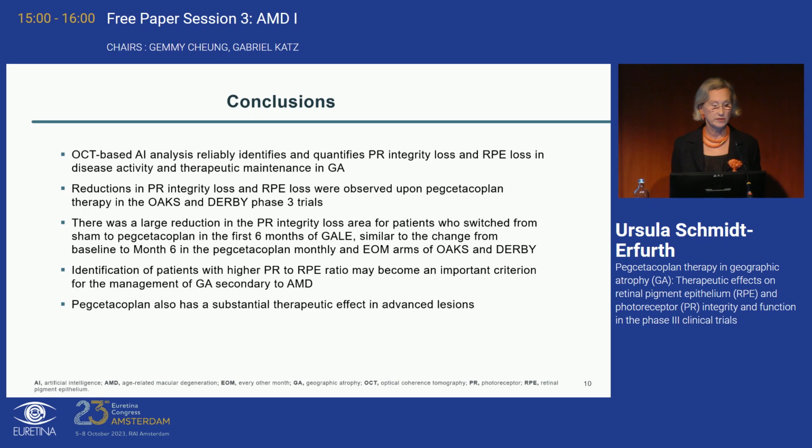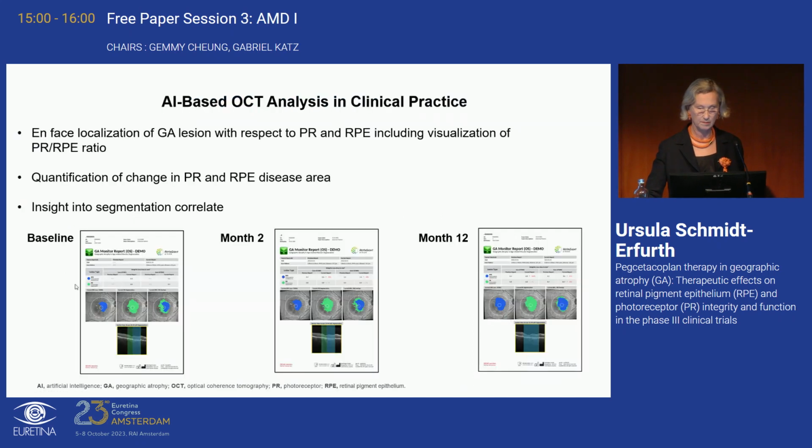There was a large reduction in the photoreceptor integrity loss for patients who later switched from sham to full treatment, which was just the same as in the first 6 months seen during regular treatment. So even mature lesions respond well, and identification of patients with higher versus lower photoreceptor RPE ratio is key in identifying responders and non-responders. Thank you so much for your interest.